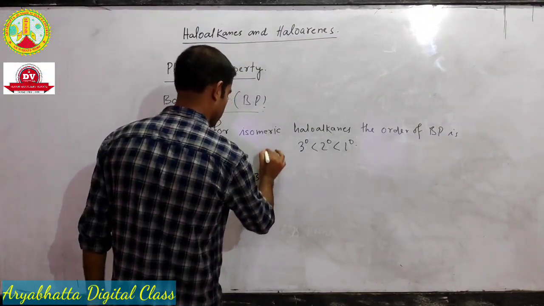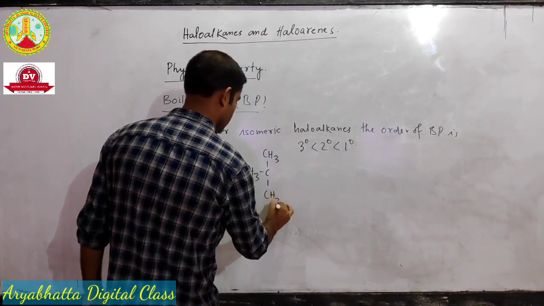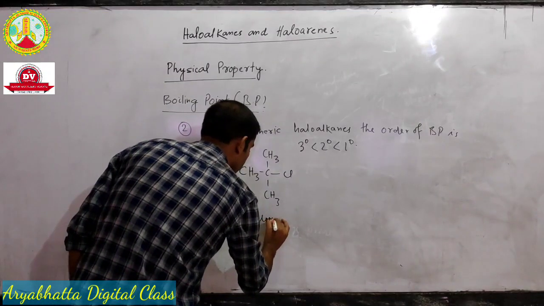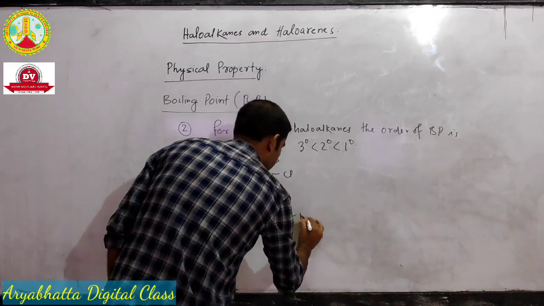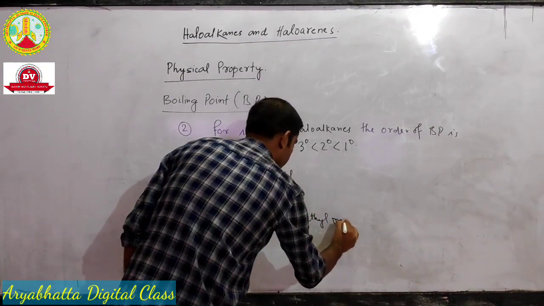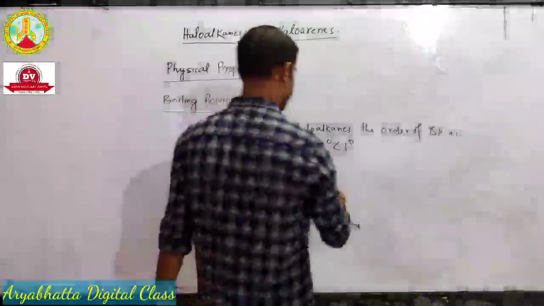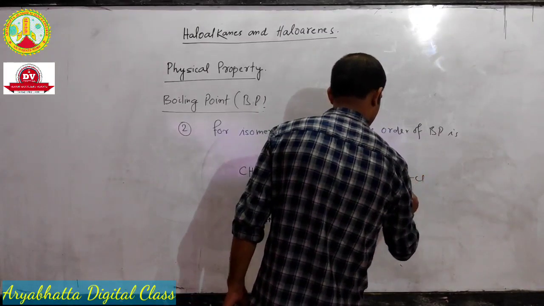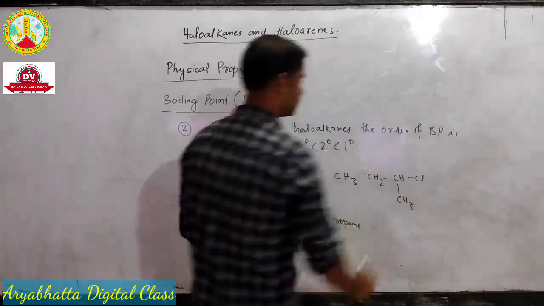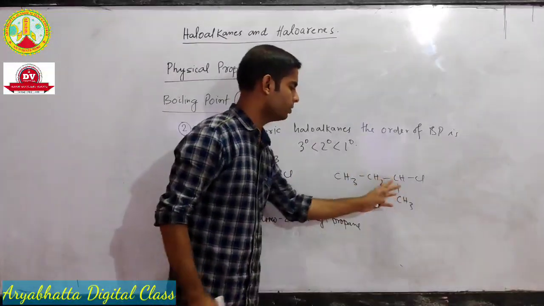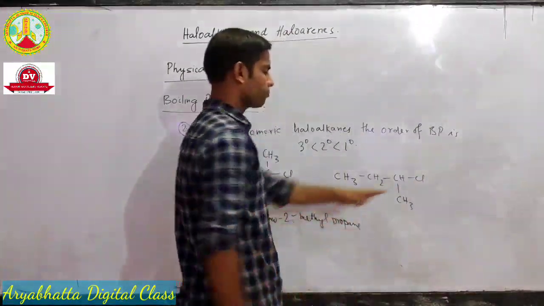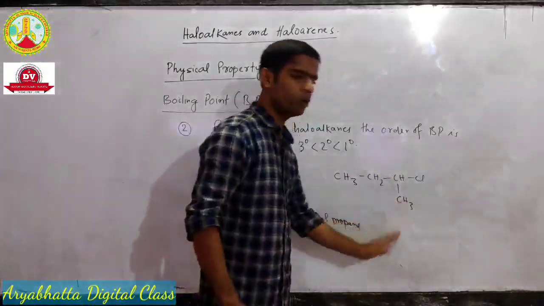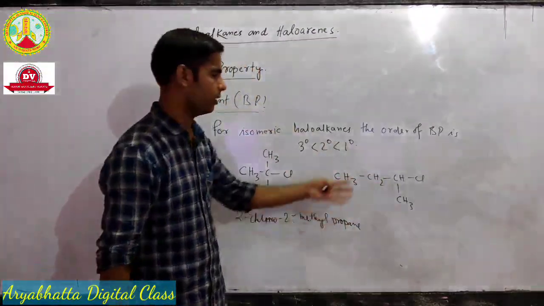Let us take an example. This is 2-chloro-2-methylpropane. Now suppose we take this one: as you can see, this is a 2 degree carbon, so this is 2-chlorobutane, a 2 degree haloalkane.